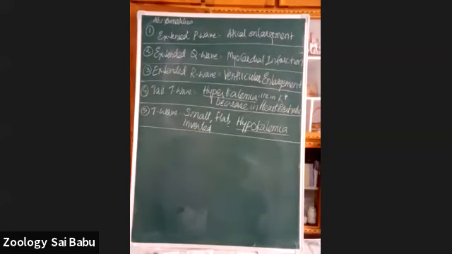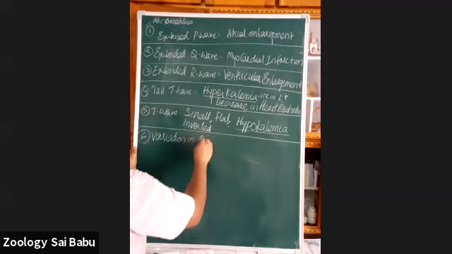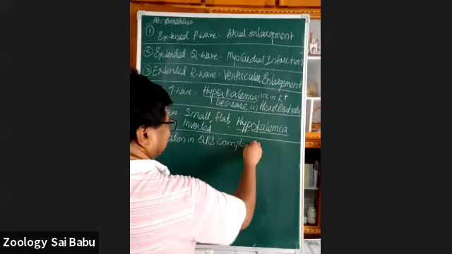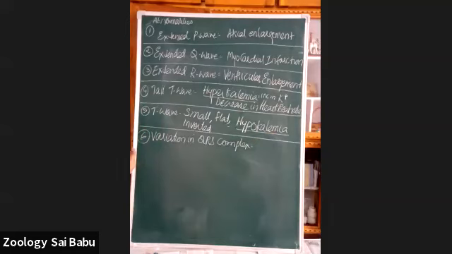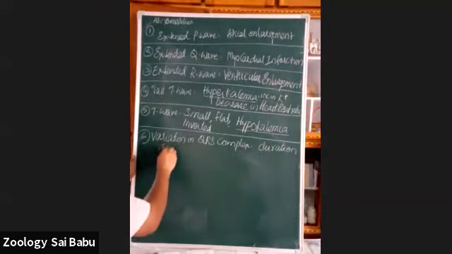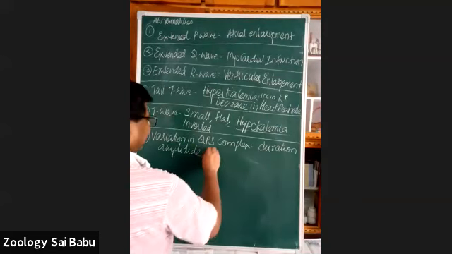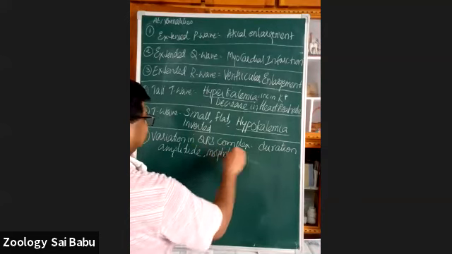Next, the sixth one: variations in the QRS complex. These are variations in the duration, amplitude, and morphology of the QRS complex.